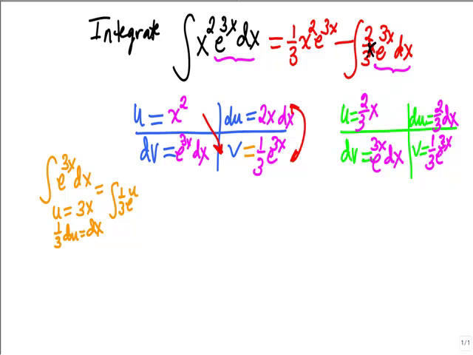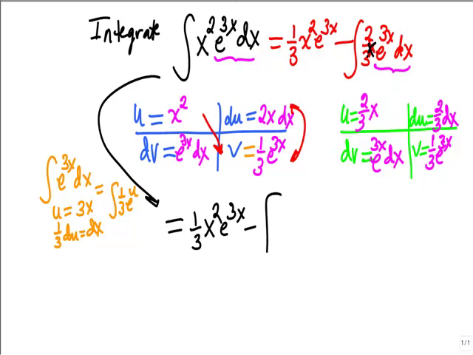So we now have another integration by parts. So now we can say that our answer is, let's move this here, it is 1/3 x squared e to the 3x minus, and now I have to do the integration by parts on this integral. So I do uv, which is 2/3 times a third, is 2/9 x e to the 3x minus the product, the v du.